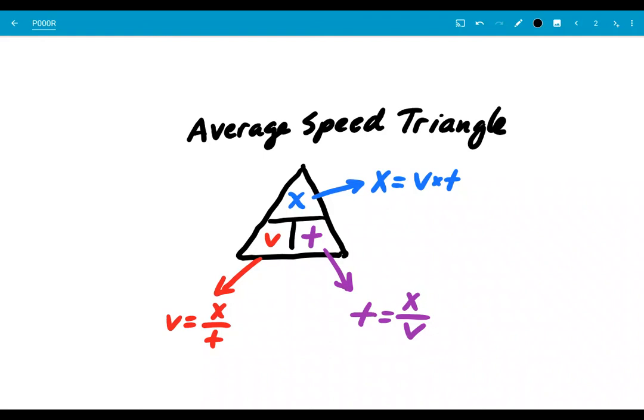So if you're trying to solve for V, it's X divided by T. If you're trying to solve for X, it's V times T, because as you can see, those are showing up across the bottom. If you're trying to solve for T, for time, then that's distance divided by the speed, or distance divided by the velocity. Okay, so some students have found that useful when rearranging the formula and solving for the different variables. But if you don't find that useful, then you can just feel free to skip that part.